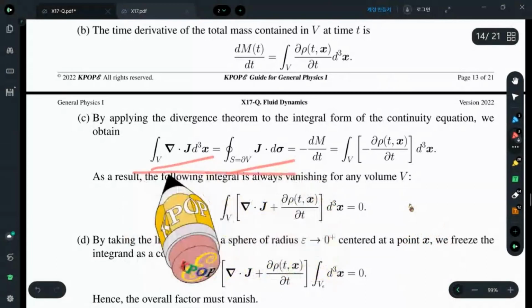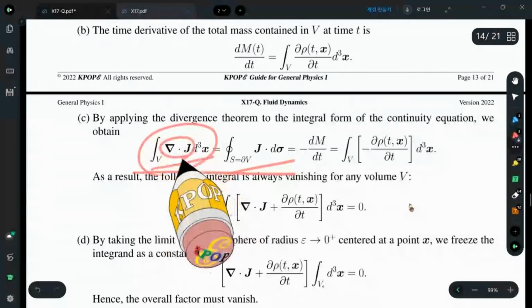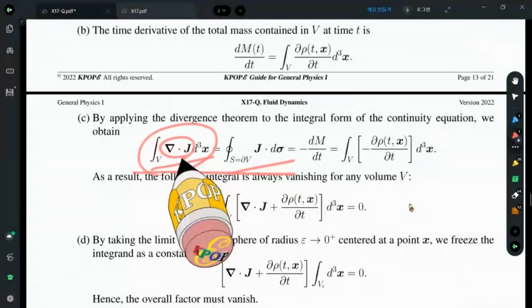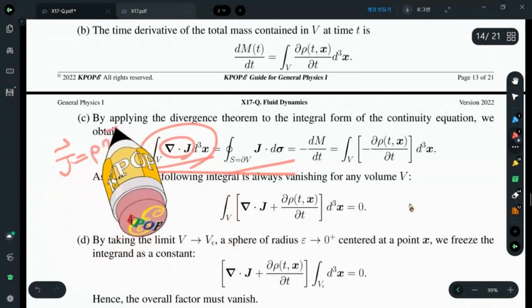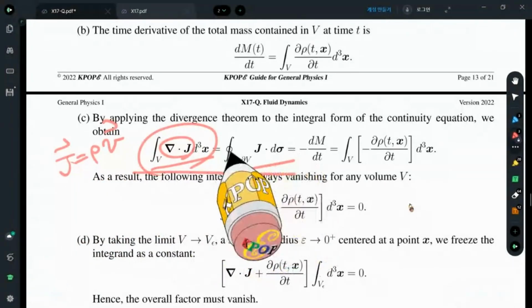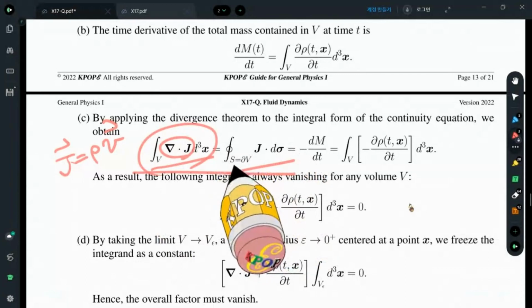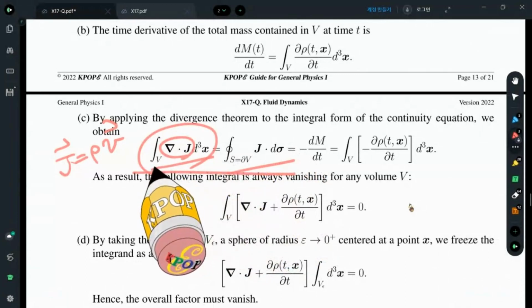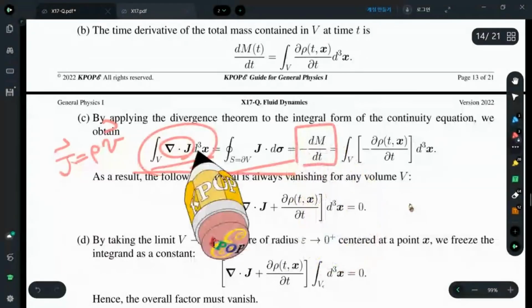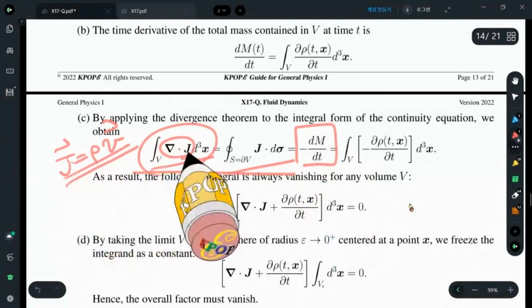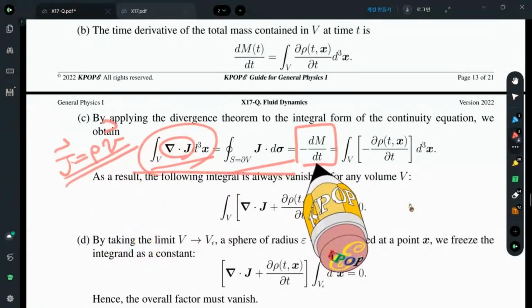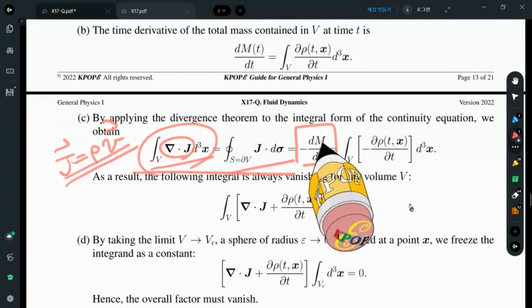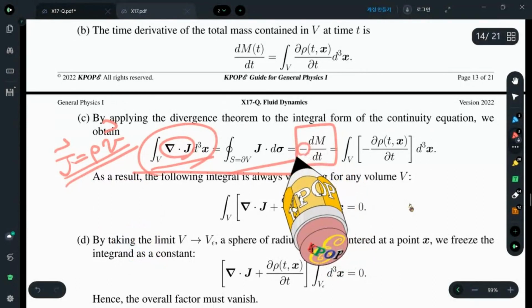This is the divergence theorem: the volume integral of the divergence of any vector field, which is true for J equals rho V, is the surface integral over a closed surface, which is the boundary of V. If J is current density, it is identical to the time derivative of mass with a negative sign on it.